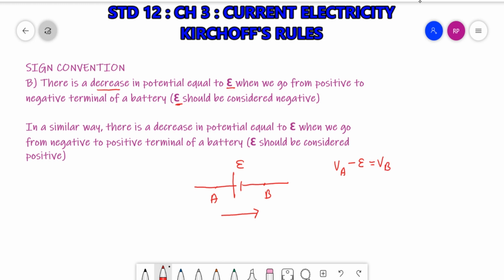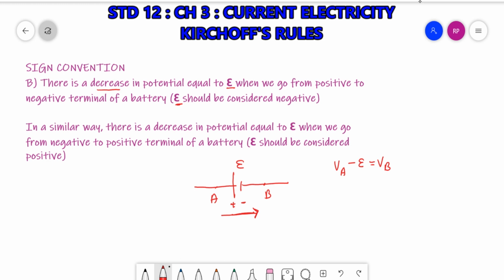Remember, there is a decrease in potential equal to the EMF of the battery when we go from positive to negative terminal. You can see here this is positive and negative, and our direction is from positive to negative. In that case, we consider EMF as negative.